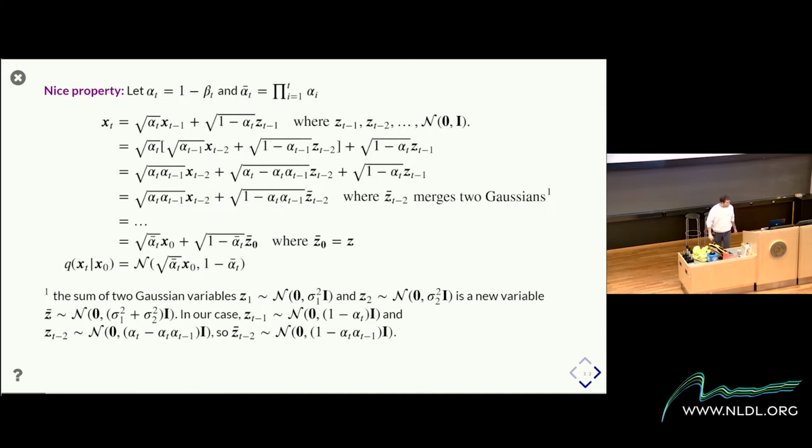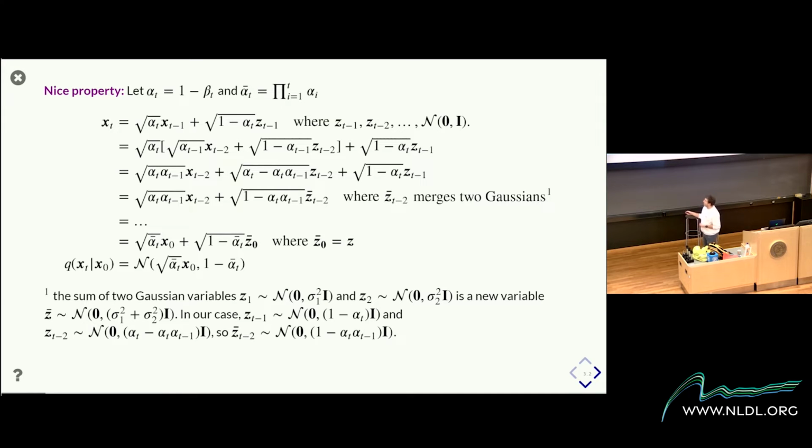Now, if we look at these two terms, we see that the two variables, zt minus 2 and zt minus 1, are actually two Gaussians. So what happens if we are summing two Gaussian variables? It's here in the paddings.